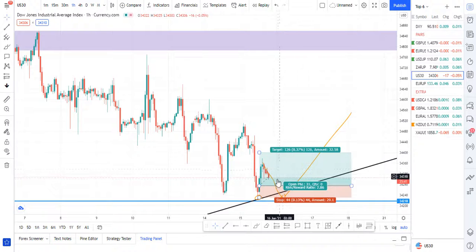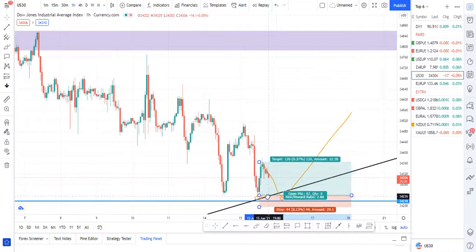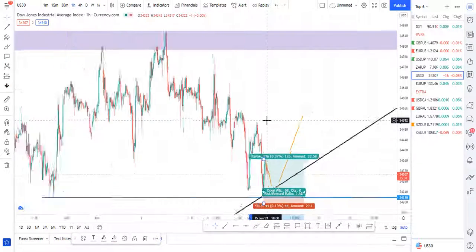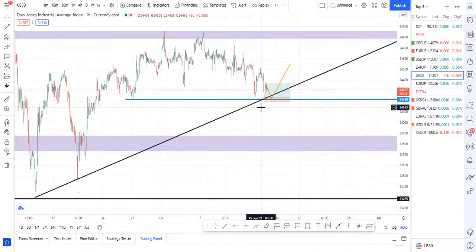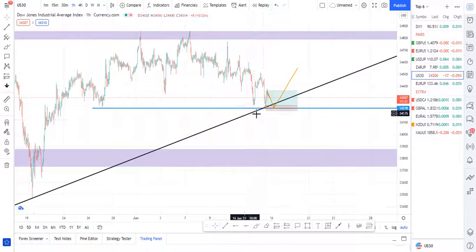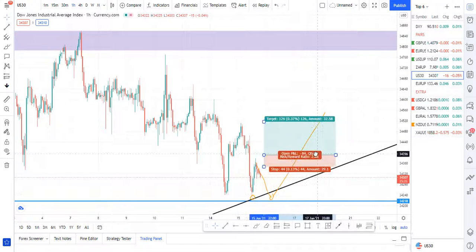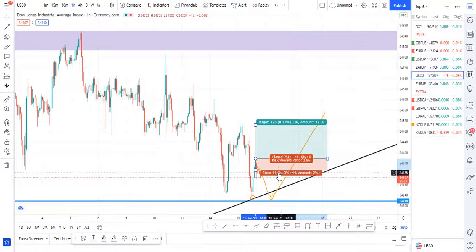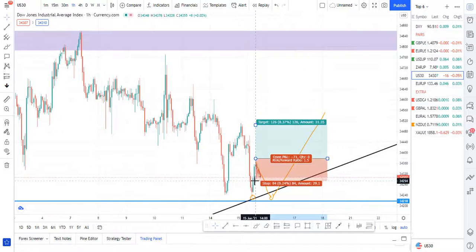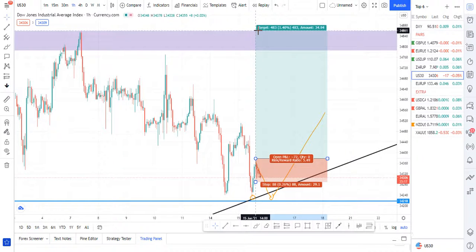So with that being said, I would wait for it to come here and enter here. And also, if this is really a strong support, we should be expecting it to enter here and probably having something like this and taking this to the top.